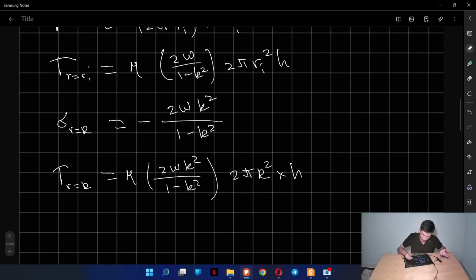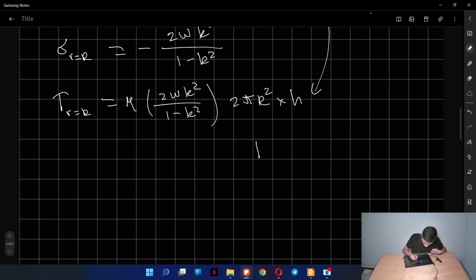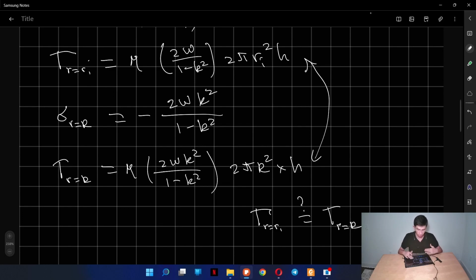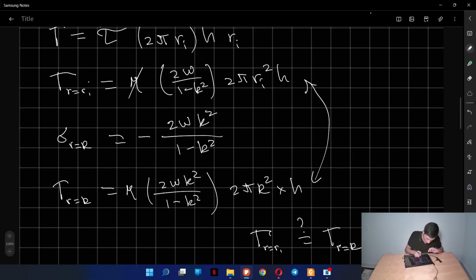What really happens with these two equations is we're trying to prove that the torque at r equal to the inner radius is equal to the torque at r equal to the outer radius. This is what our question is really asking for. If we compare these two equations, the viscosities cancel, 2 cancels, omega cancels, and 2 pi cancels.